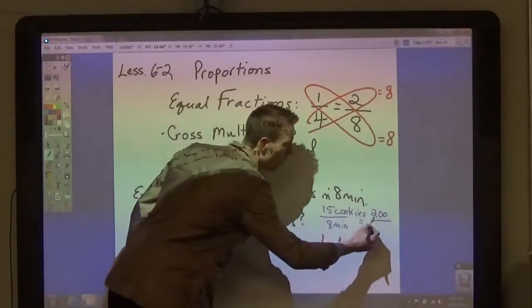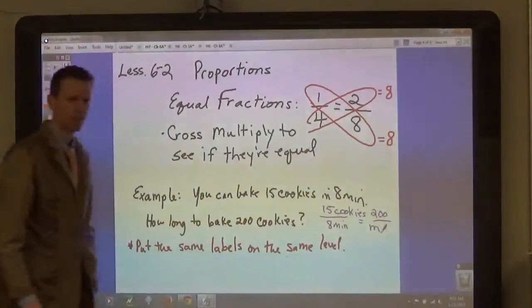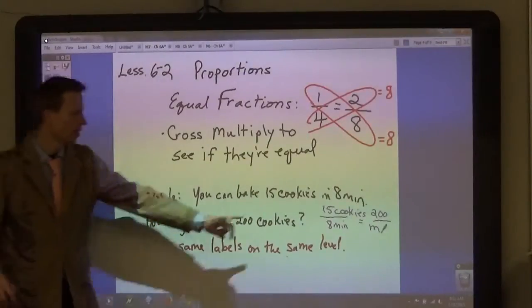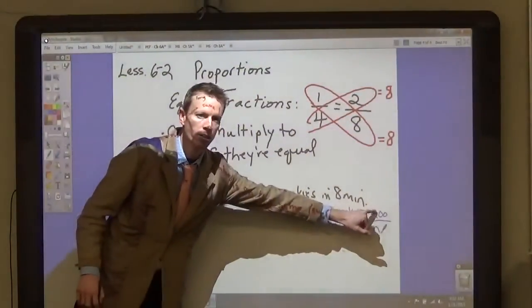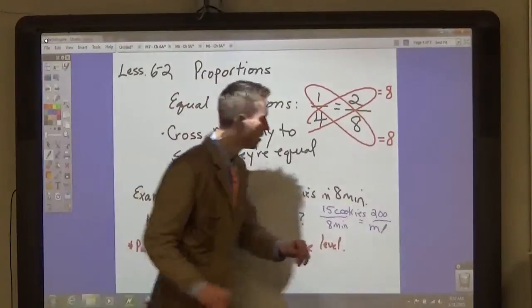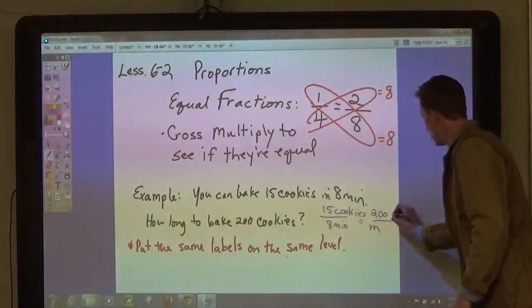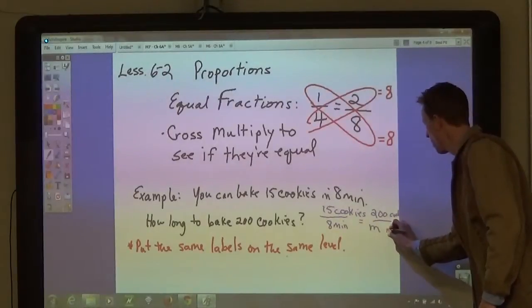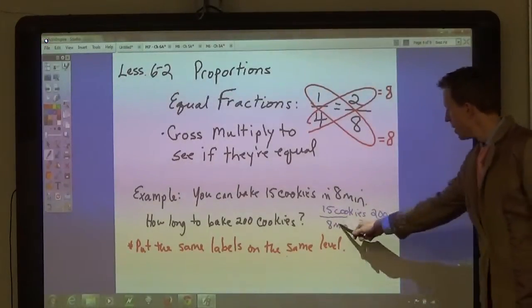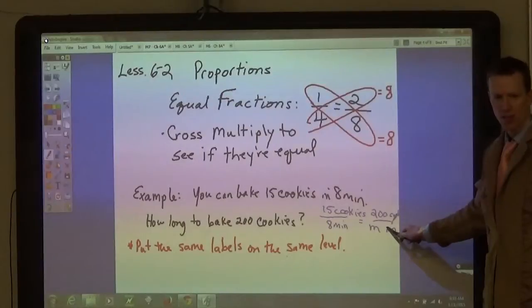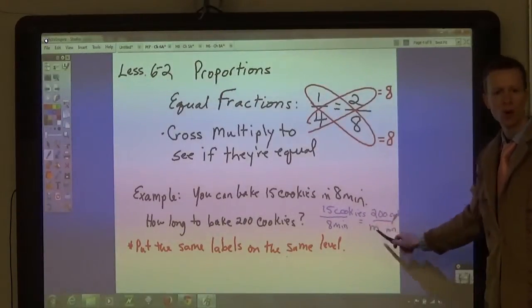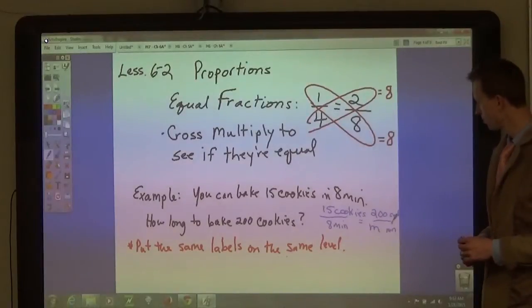In m minutes. 15 cookies in 8 minutes will equal 200 cookies. And notice if we label this 200, it would also be 200 cookies in m minutes. The minutes are right across from each other, and the cookies are right across from each other. That's how you'll know where to put the numbers.